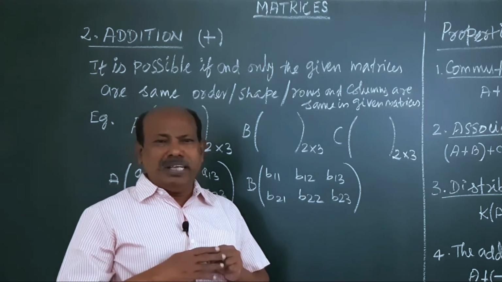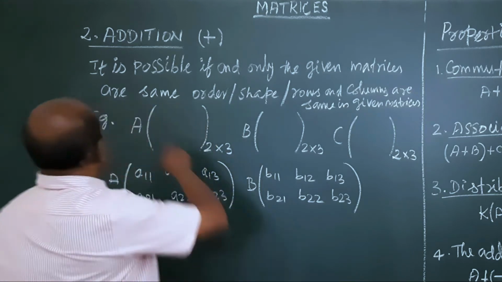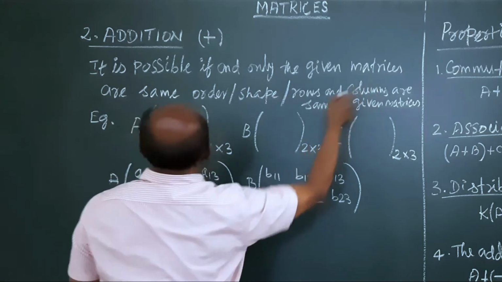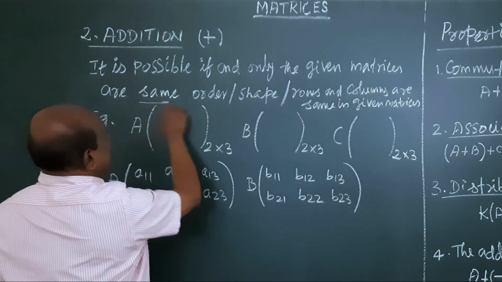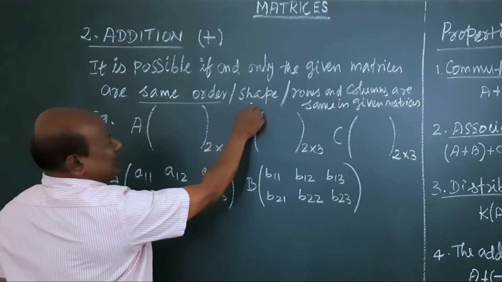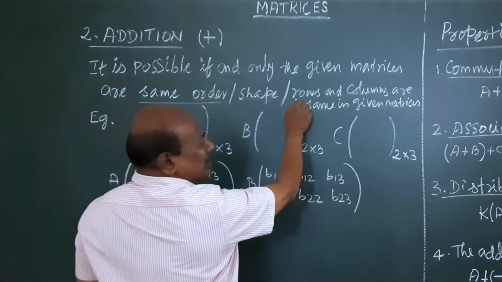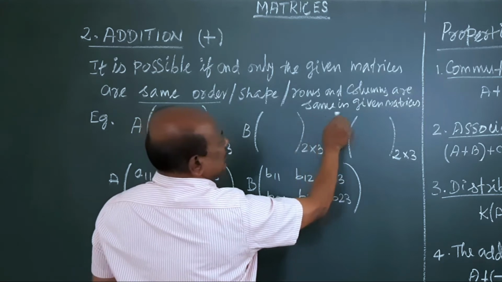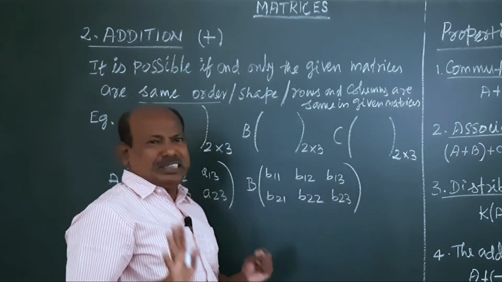That is very important. It means the rows and columns are the same in nature.